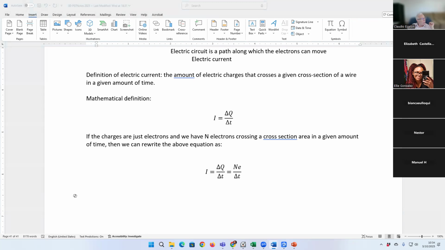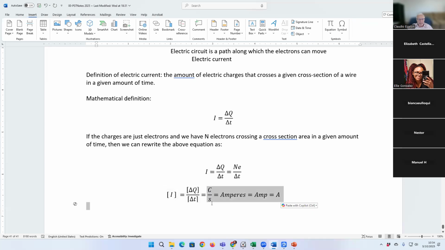Here we go. What else do we have to know? We have to know the unit of this quantity. Delta Q over delta T is coulombs per second. It's kind of a velocity of charges, right? Number of coulombs per unit of second. This unit is so important in physics, it occurs so frequently that we give it a name.